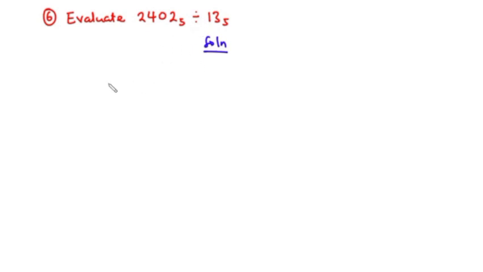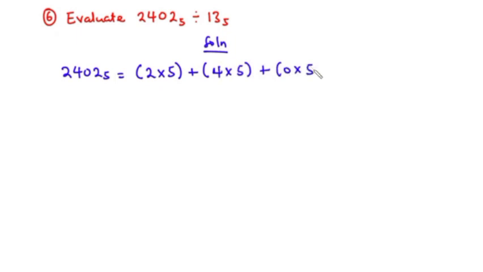So that is exactly what we are going to do. Now let's convert 2402 base 5 to base 10. So that's going to be 2 times 5 plus 4 times 5 plus 0 times 5 plus 2 times 5.